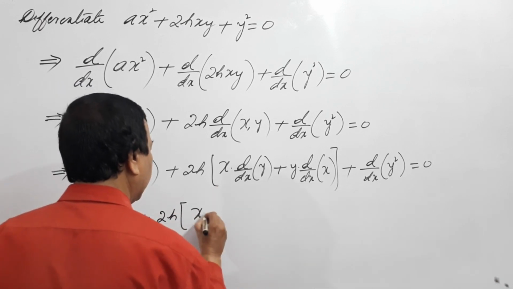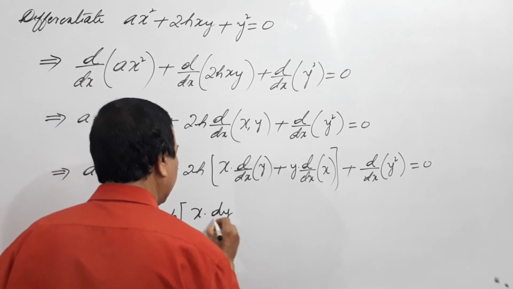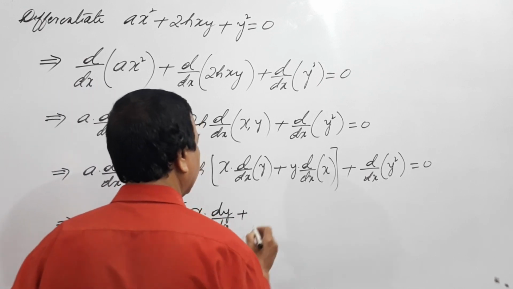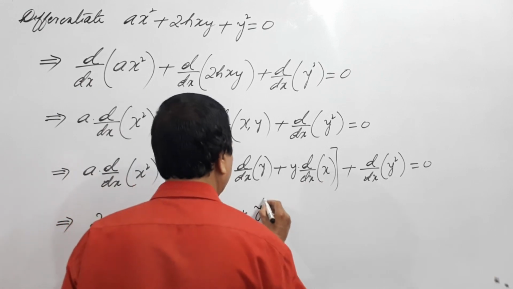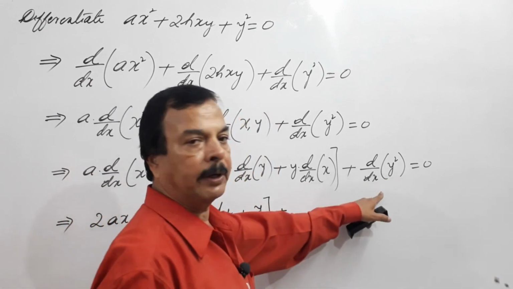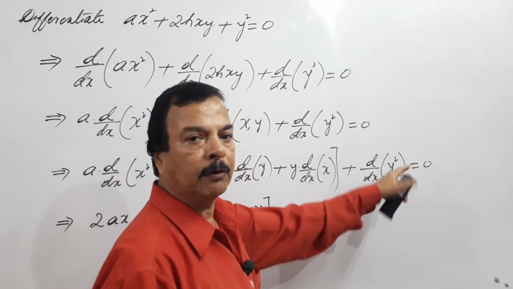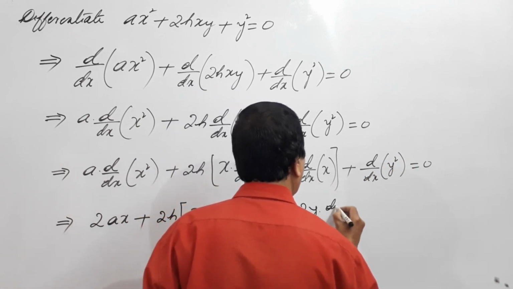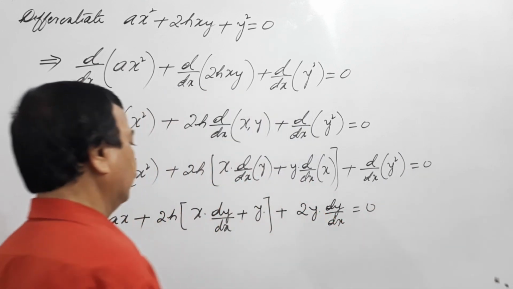This is x into d by dx of y is dy by dx, plus y into d by dx of x is 1. So let me not write that. So d by dx of y square is similar to y to the power of n, that is n into y to the power n minus 1. So that becomes 2y into dy by dx equals to 0.